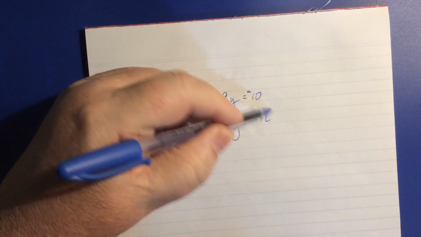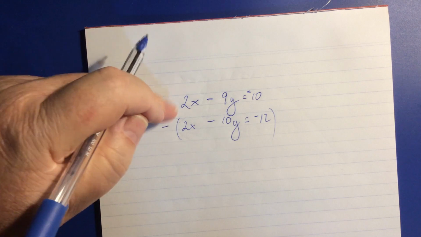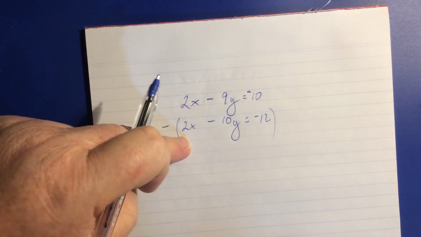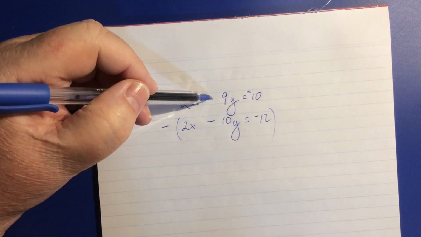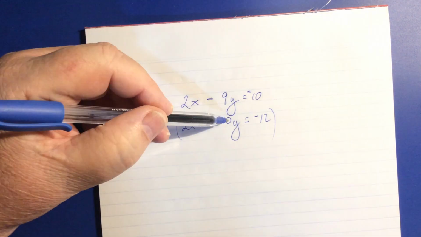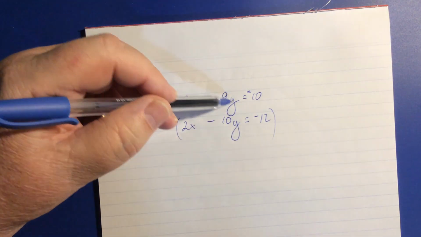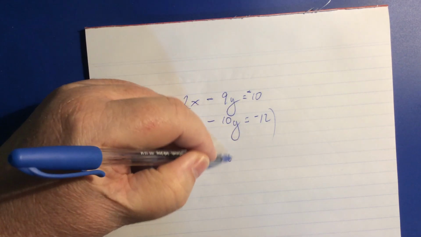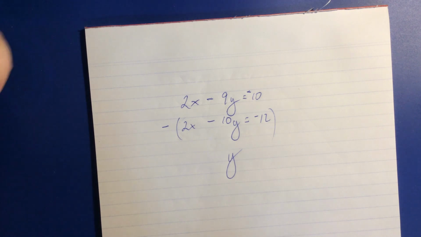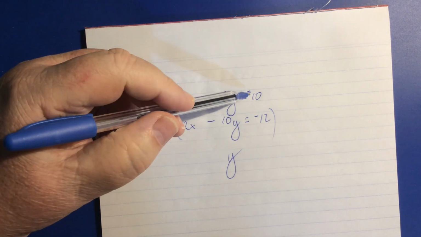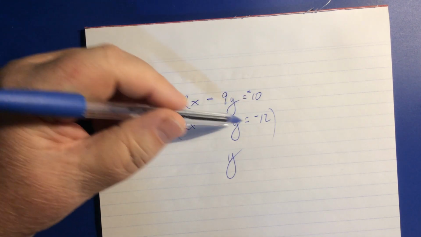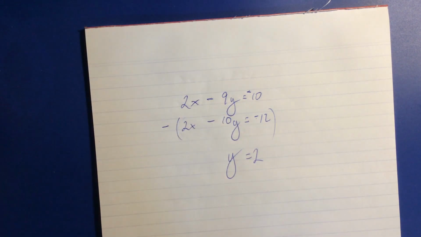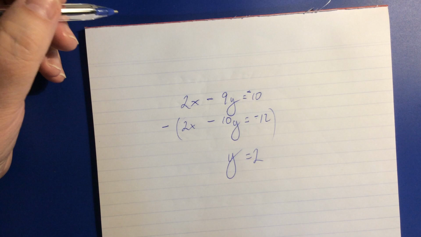Now, what I'm going to have to do is subtract in order to get rid of the 2x. So when I do that, I get -9 minus -10. These are the y's. So -9 minus -10 is 1. So I get y, positive y. And I get -10 minus -12, which is 2. Y is equal to 2.